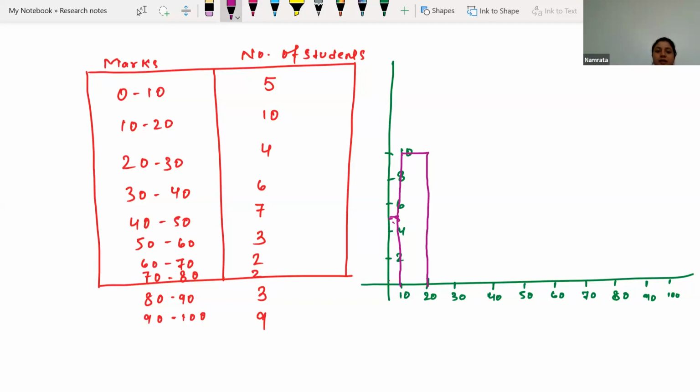Like this. 20 to 30, it's 4. As we know, whenever we are plotting a histogram, it will be a solid figure. There will be no gap in between the rectangles, in between the bars. 30 to 40, it's 6.